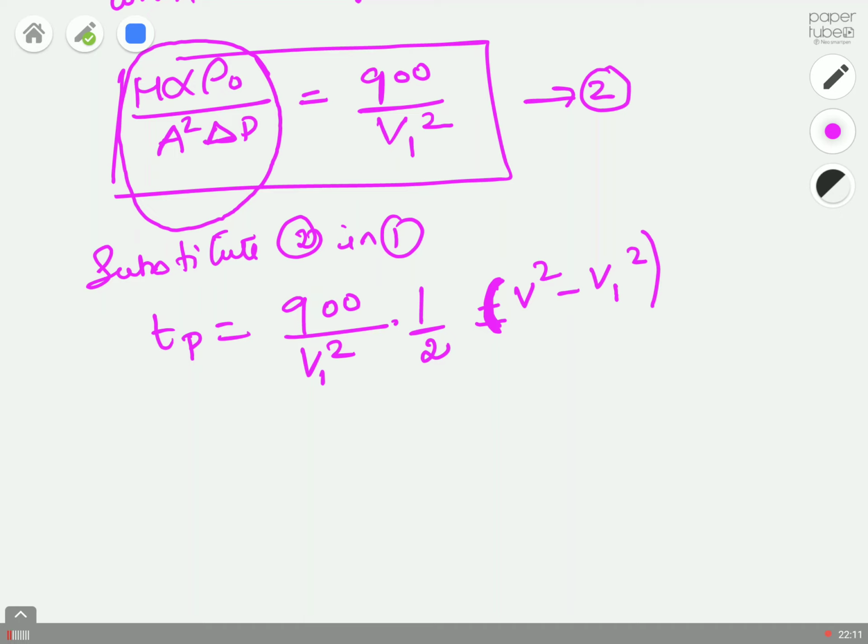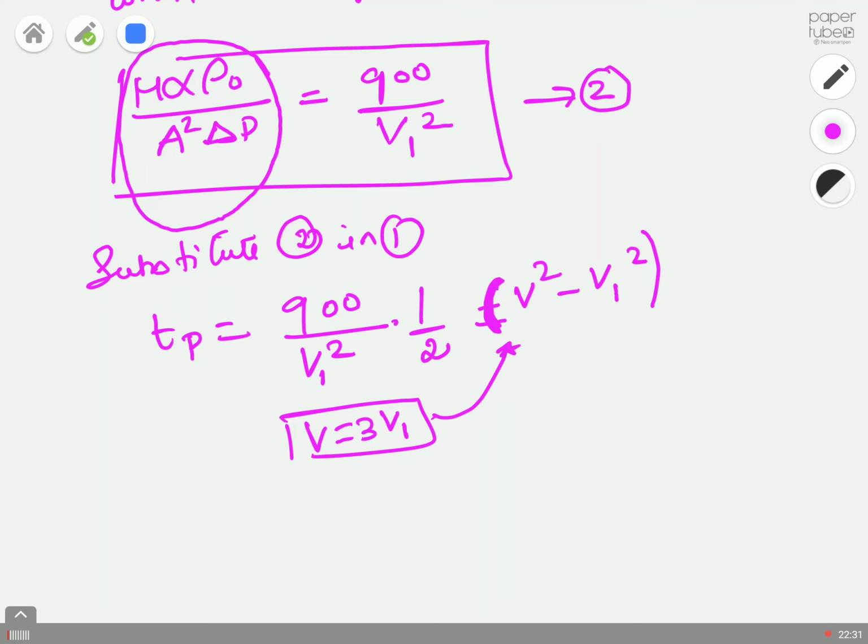Earlier I stated the relationship between v and v1: v is equal to 3 times v1. This is something which is given in the problem. So substitute this value in the above equation.